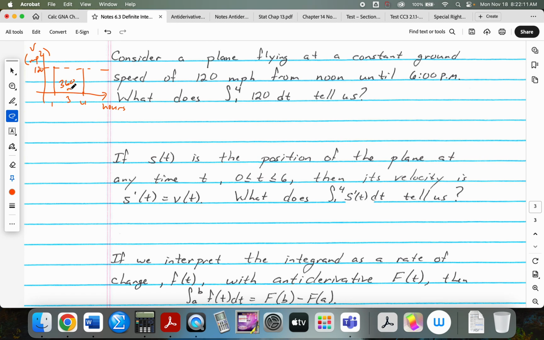Yeah. Because I'm multiplying the miles per hour times the number of hours. So this tells us that from 1 p.m. until 4 p.m., the plane travels 360 miles.